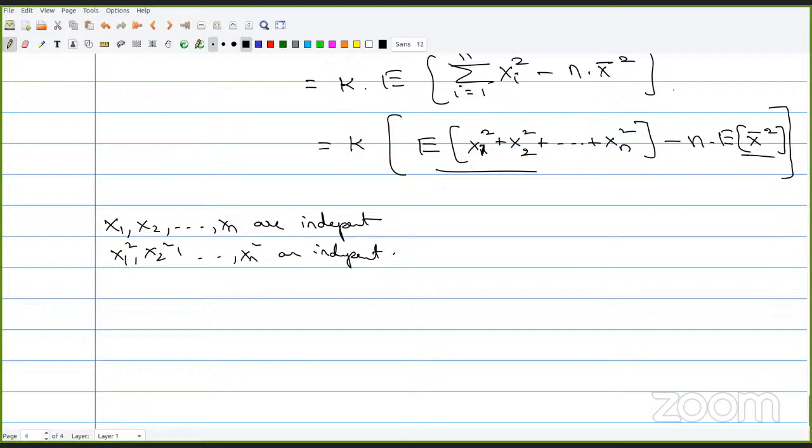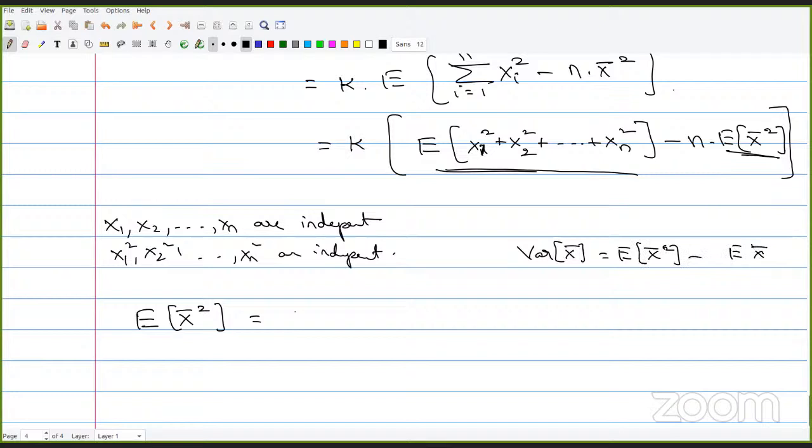Now let us try to compute the first and second terms. Let us compute this first. The expected value of x bar square, I can get from the variance of x bar. Variance of x bar is the expected value of x bar square minus the expected value of x bar, whole square.